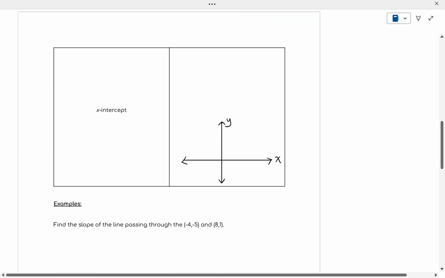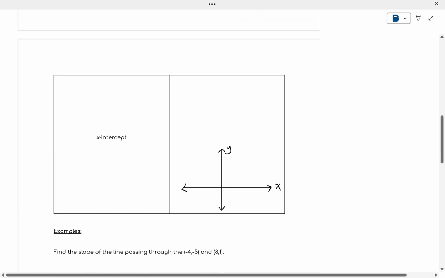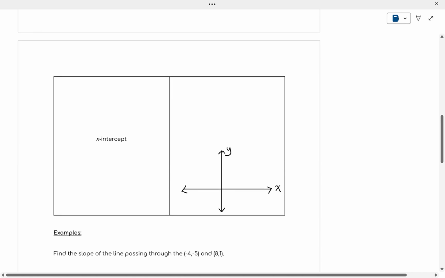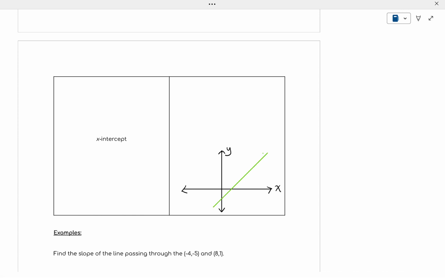For the x-intercept, instead of the point where it intersects the y-axis, the x-intercept is the point where the line intersects the x-axis. So I'll also draw this arbitrary line. And where does this line intersect the x-axis? Right here.